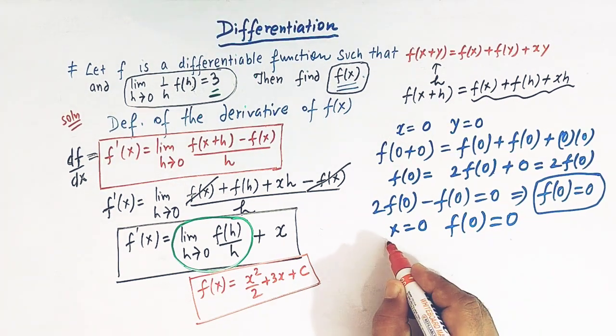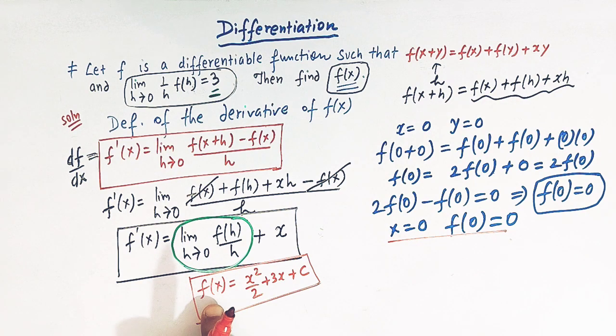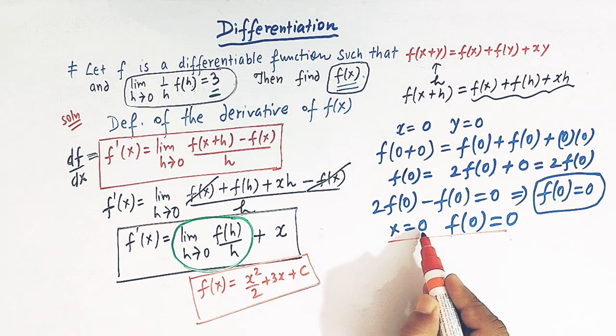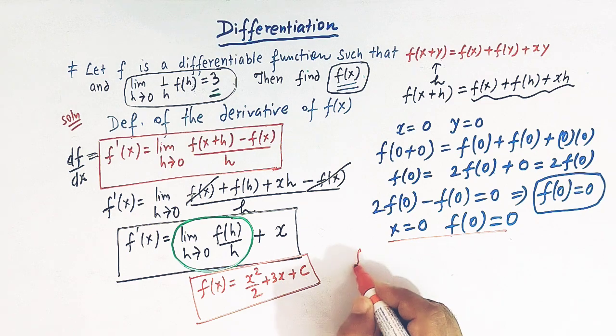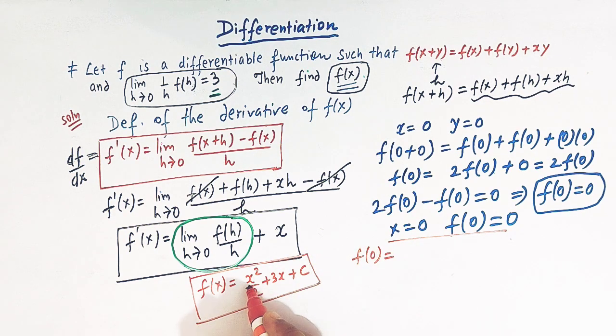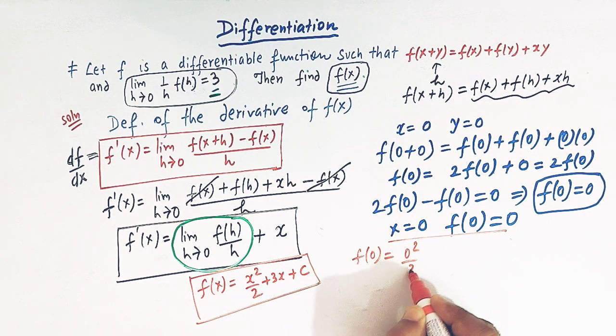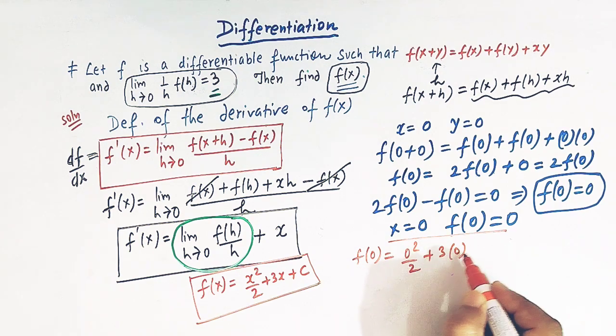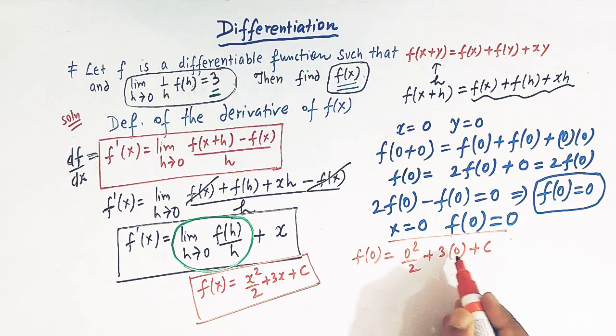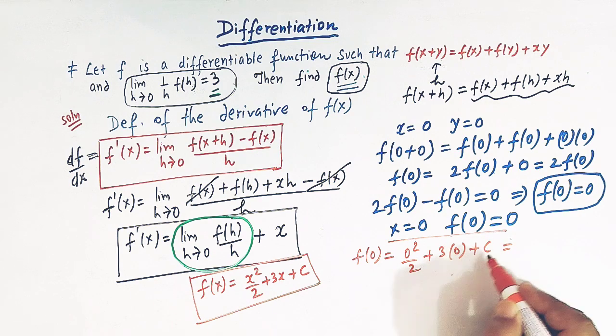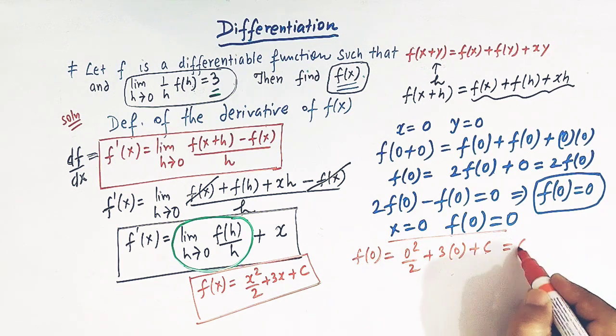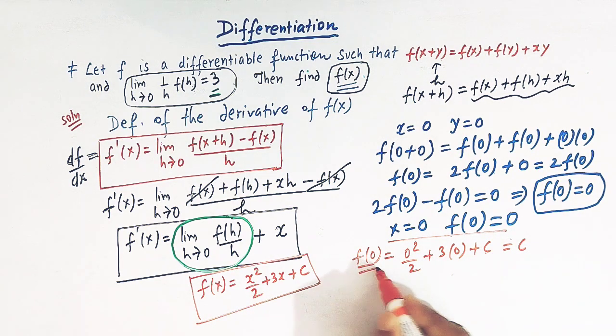Let us apply this condition to this equation. Taking x equal to 0, here we have f of 0, which is 0 square over 2 plus 3 times 0 plus c. So this is 0, this is 0, and we have c plus 0, that is simply c, and f of 0 is 0. So 0 is equal to c, that is, the value of c is 0.